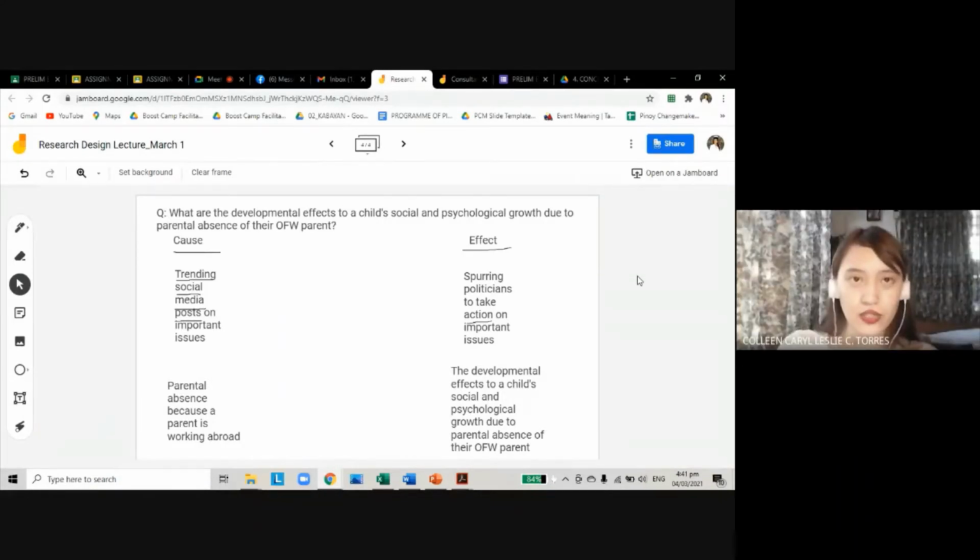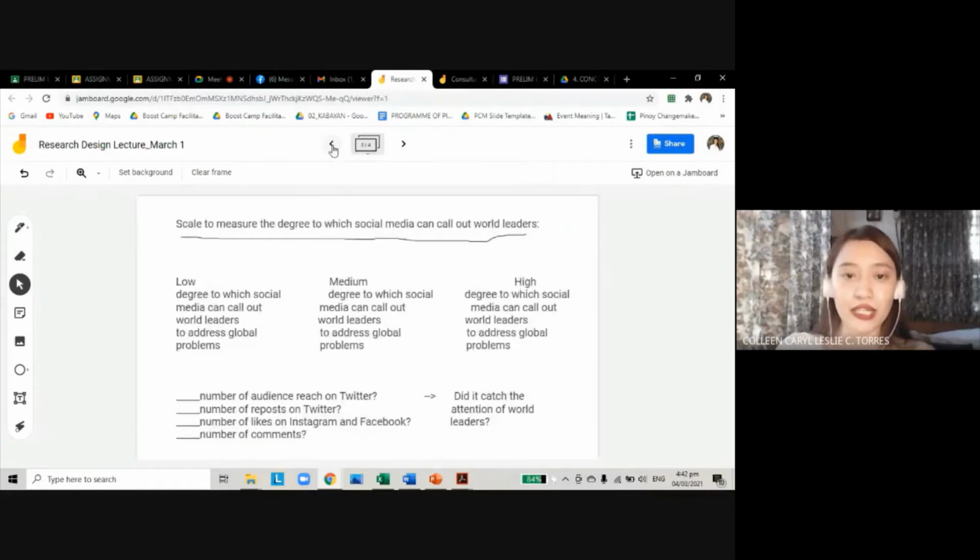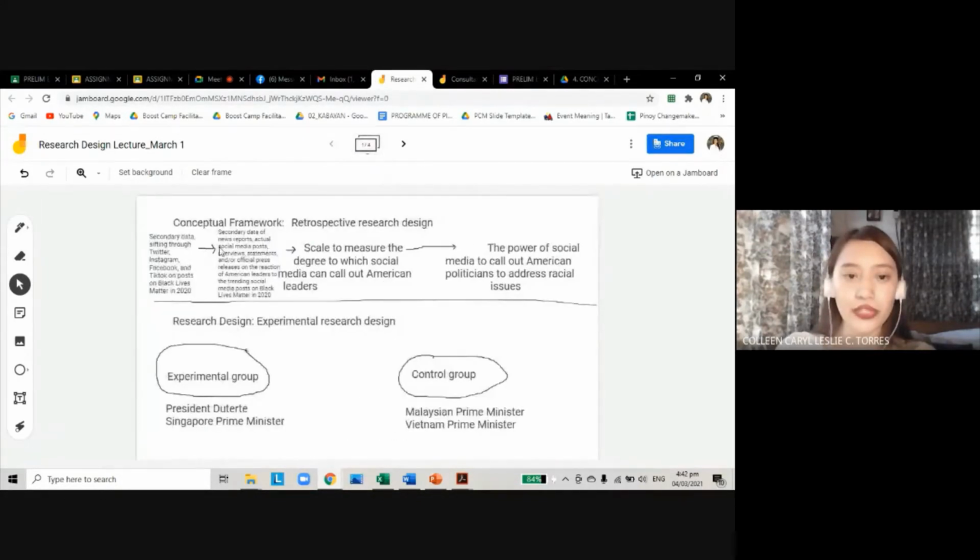Yes, Marb. So this is good, we are actually integrating the research method already in the conceptual framework. So indeed, in a conceptual framework, there is an independent variable and a dependent variable. In this case, let's look at the example earlier, there is social media.